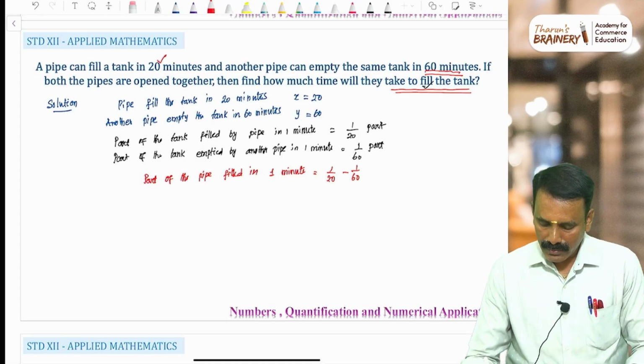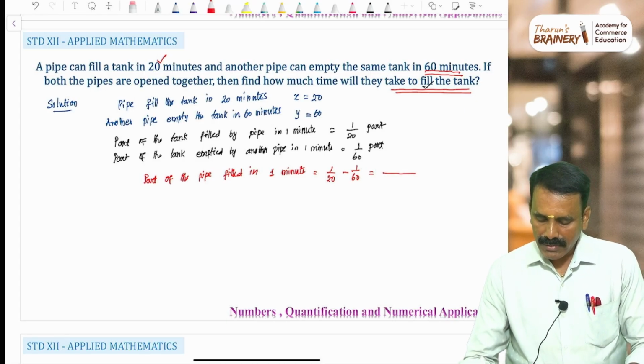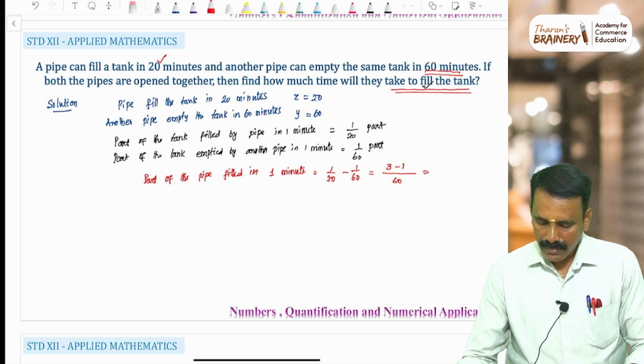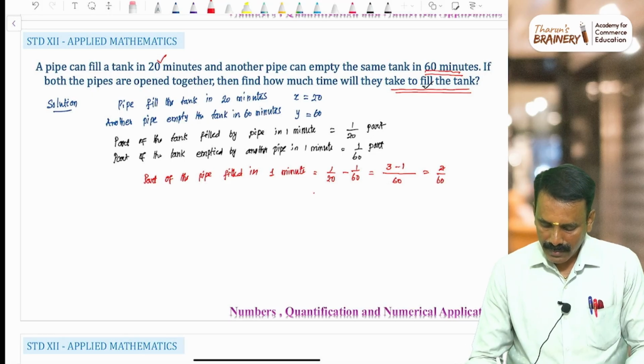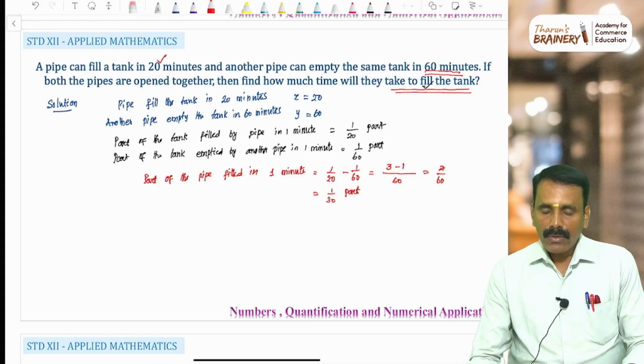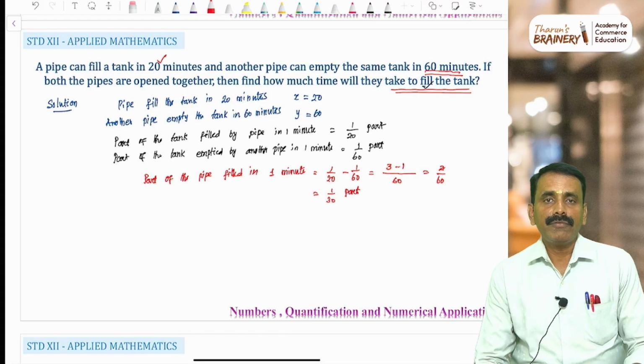That is equal to, because both are fractions, we try to take LCM. So it is 60. We take 3 minus 1, that is equal to 2 by 60, which is equal to 1 by 30 part. So in 1 minute, 1 by 30 part of the tank will be filled.